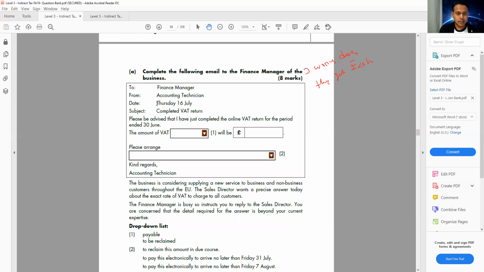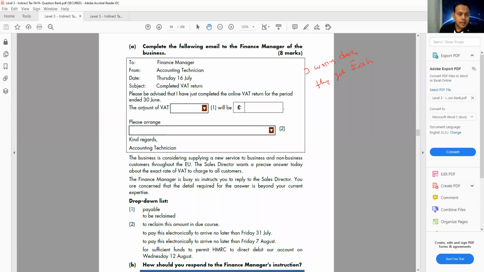Date is 16th of July, and the subject is completed VAT return. Please be advised that I have just completed the online VAT return for the period ended 30th of June. The amount of the VAT is dash, will be dash, and please arrange this.